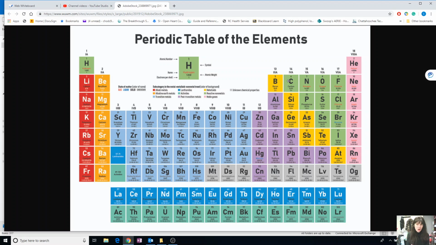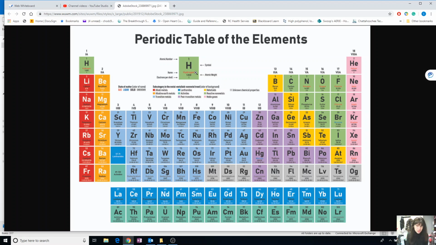However, the atoms are not identical, and that is because even though all hydrogen atoms have one proton within their nucleus, they can have varying numbers of neutrons. Remember, protons have a positive charge.